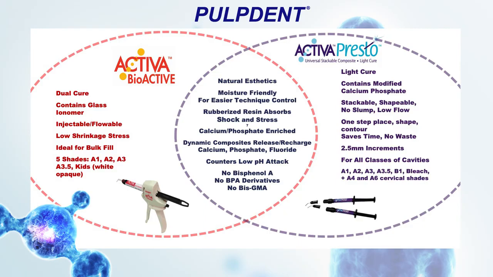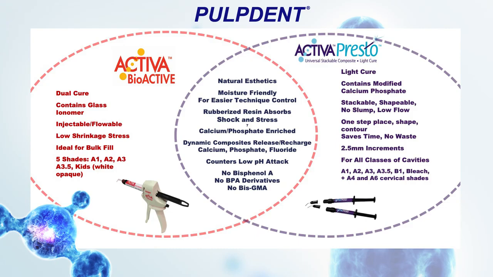ACTIVA Presto is a light cured version, contains modified calcium phosphate, stackable, shapeable, low flow, no slump, and 2.5 millimeter increment placement for all cavity preparations. And you have a wide variety of shades for aesthetic concerns.